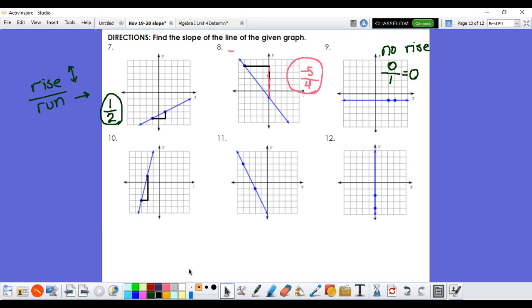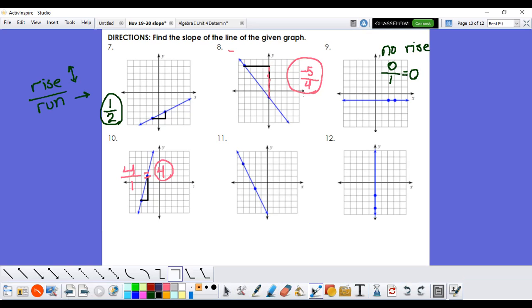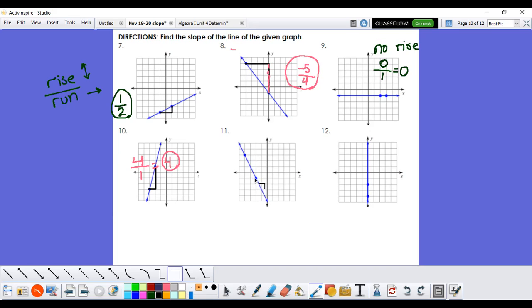So my rise is 4, and my run is only over 1. I'm going up, so they're both positive. And you can change this to say that the slope is 4. On the next example, I'm going to make that right angle again.